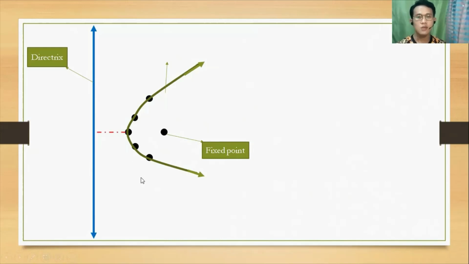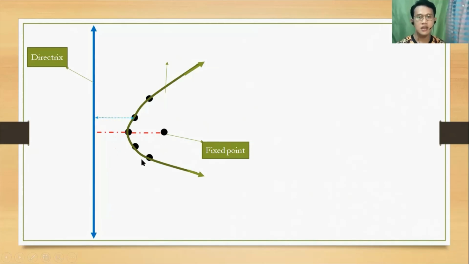Next, it was mentioned there in the definition that the distance from the fixed line to the vertex is equidistant to the distance from the vertex to the fixed point, which means this line is equal to this line, or this distance is equal to this distance, denoted by P. So if this value here is P, then we also have another P here.